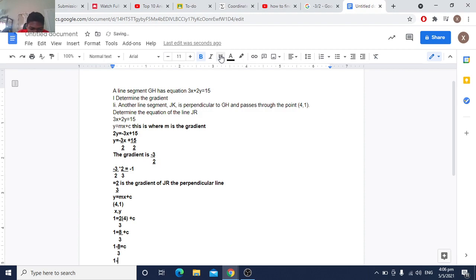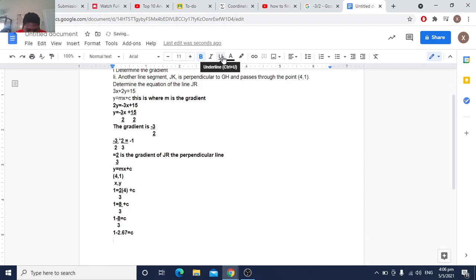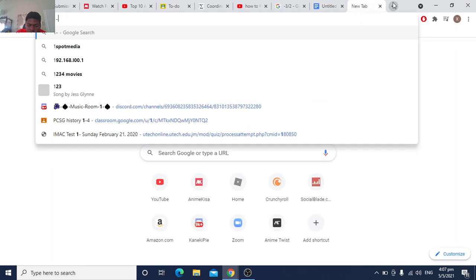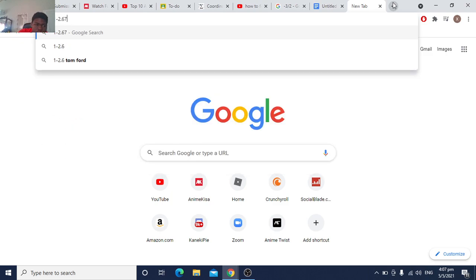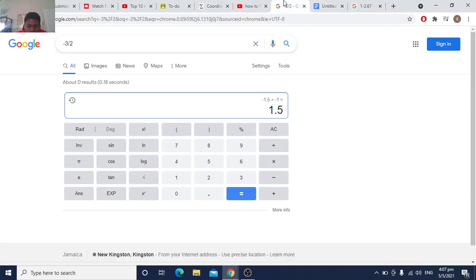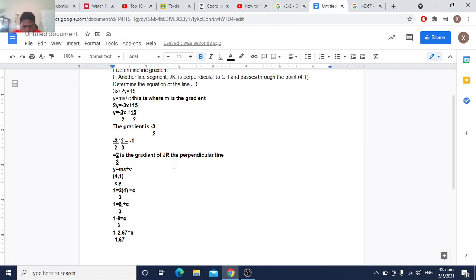Let me check it on the calculator just in case. Yeah, negative 1.67. So negative 1.67 is equal to c.